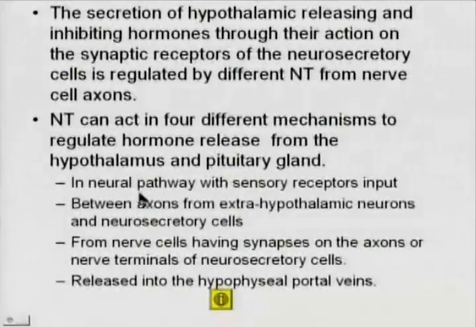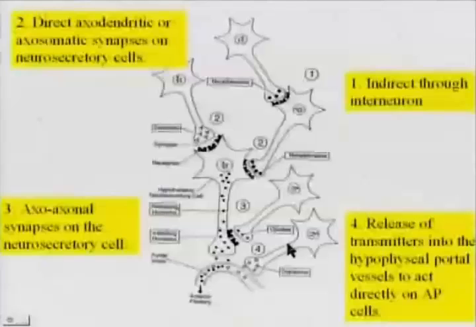In the neural pathways, the first of these in the neural pathway with sensory receptors input, between axons from extra-hypothalamic neurons and neurosecretory cells, from nerve cells having synapses on the axons or nerve terminals of neurosecretory cells, and finally released into the hypophyseal portal veins, having an effect there.